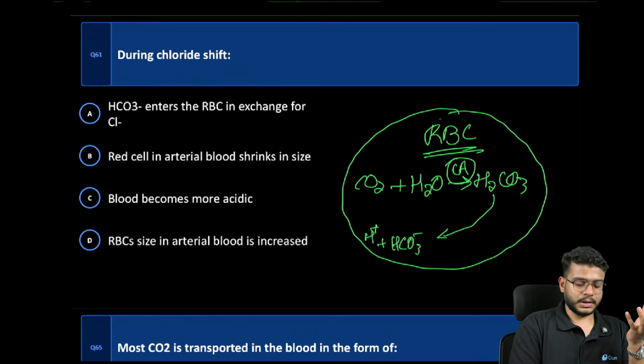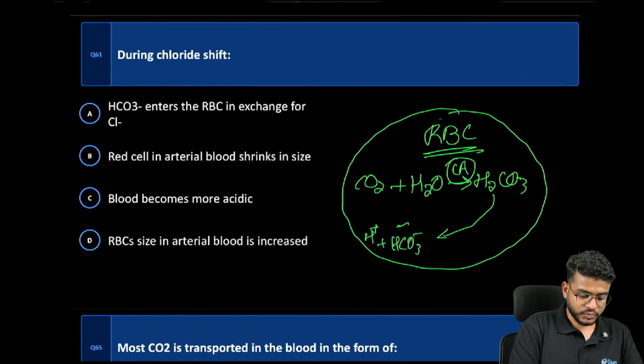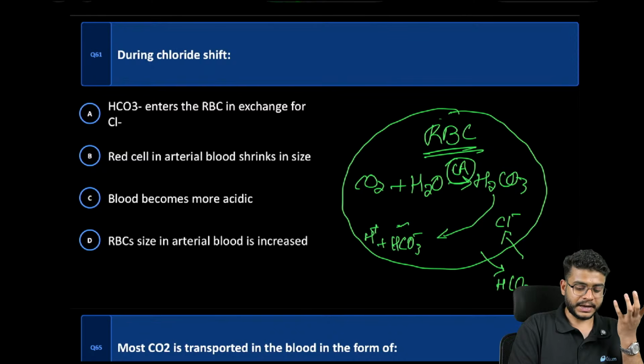So when the bicarbonate concentration is increased inside the RBC, the bicarbonate tends to move out of the RBC into plasma in exchange with chlorine.